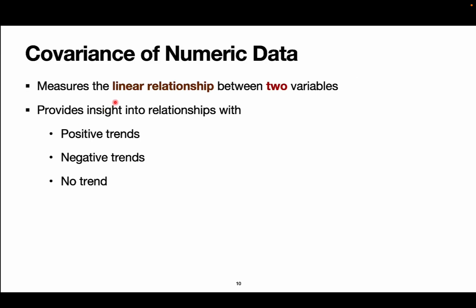Covariance measures the linear relationship between two variables. So when we compute covariance, we gain insights into the linear relationship between those two variables, whether it has a positive, negative, or no trend.